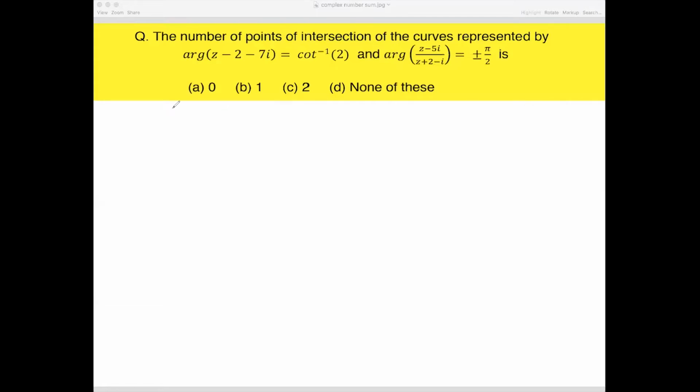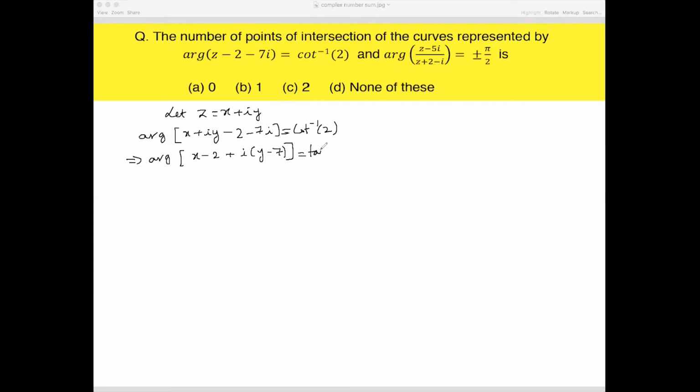So conventionally what we do is we take the complex number as z = x + iy and put it in each of these curves. For the first one, it looks like this, and remember that cot inverse 2 is actually tan inverse half.